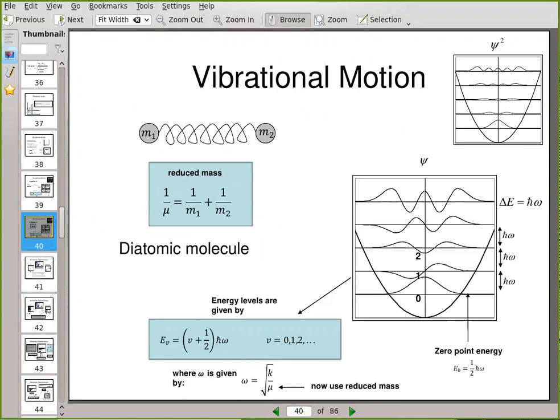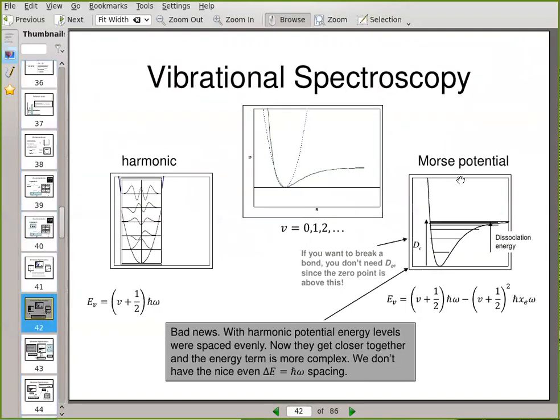And of course, the omega term is K over the reduced mass. So this is great in terms of a diatomic molecule, except that we realize as chemists that the diatomic molecule is not a harmonic potential. It is rather a Morse potential. The solution to the Schrodinger wave equation, where you put a complicated potential like the Morse potential into it, shows that the energy levels move closer together.